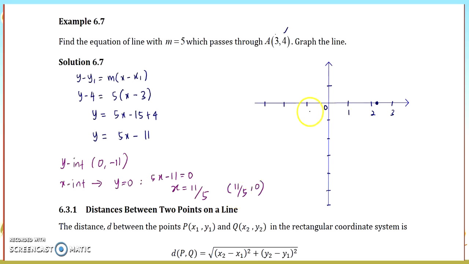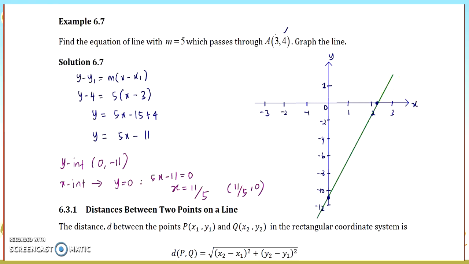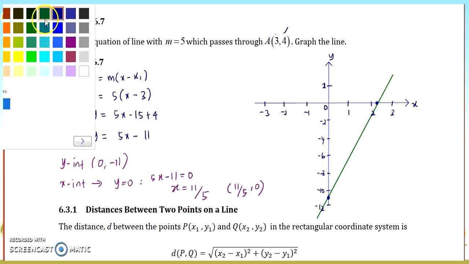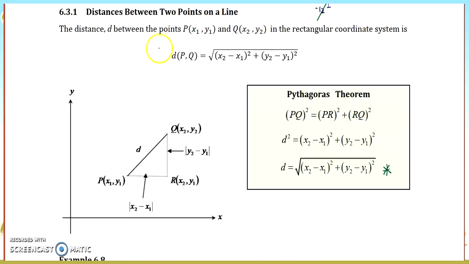And the y-intercept is negative 11, which is here. Now connect these two points with a straight line. This is the line, and don't forget to label it. We have the equation y equals 5x minus 11.